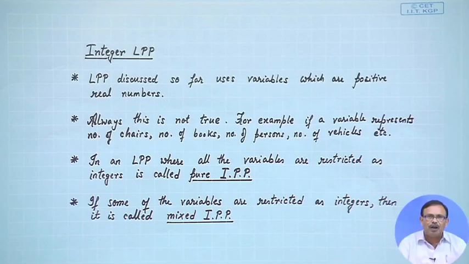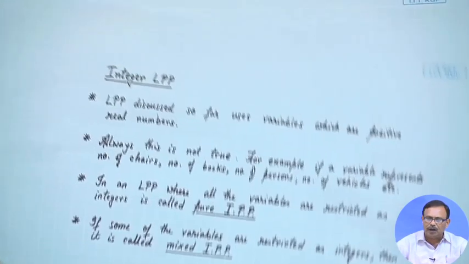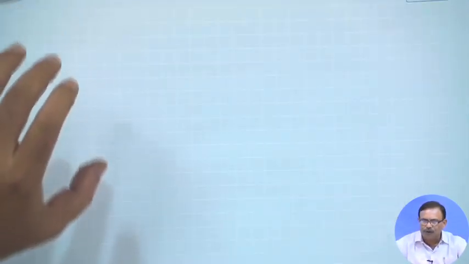If only some of the variables are restricted to integers, then we call it a mixed integer programming problem. Mixed means the variables may be integer or real numbers, whereas in a pure integer programming problem the decision variables take only integer values.